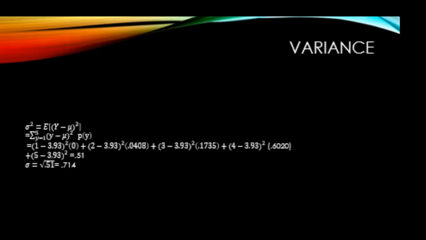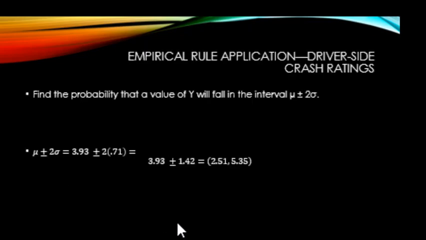So take the value of y: 1 minus 3.93 whole squared times 0, which is the probability, plus 2 minus 3.93 whole squared times its probability, 0.0408, plus 3 minus the mean whole squared times its probability, and similarly for 4 and 5. That will give us 0.51 as the variance, and the standard deviation is the square root of 0.51, which is 0.714.